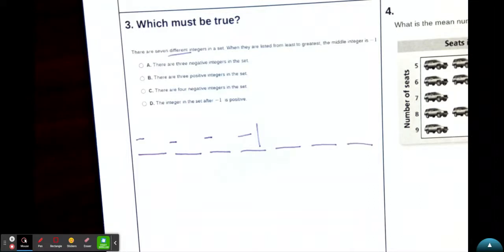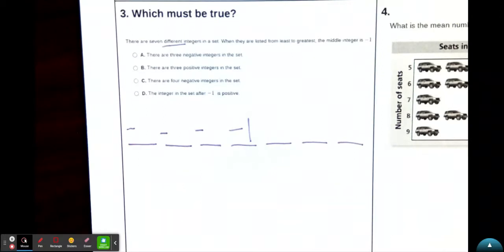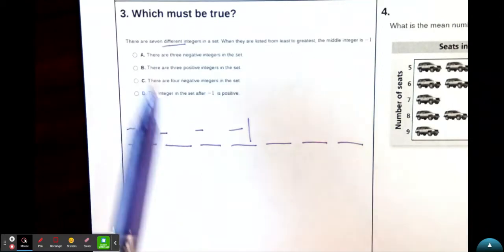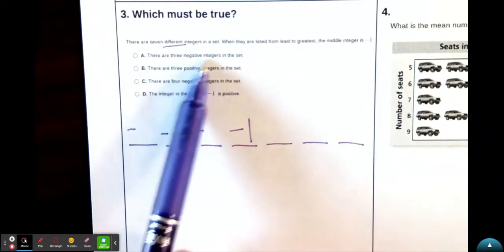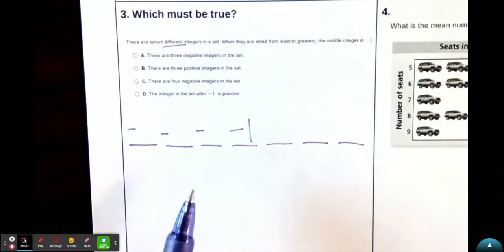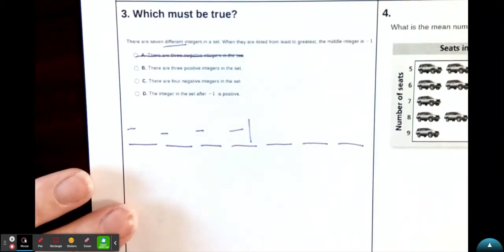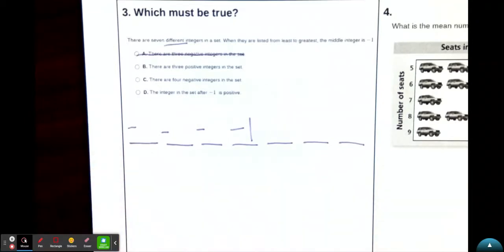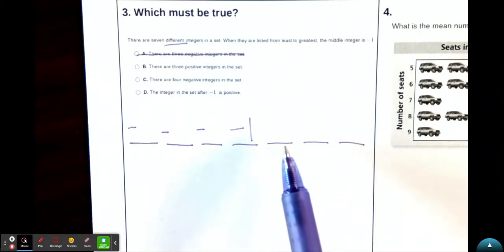Okay, so we're trying to pick which one is true. First option says there are 3 negative integers in the set. Is that true? No. How many negative integers are there? 4. Yes. Okay, so A is not true. B, there are 3 positive integers in the set. So this part is confusing because I was telling Jacob, well, this could technically be negative, I think, because it could be -1.